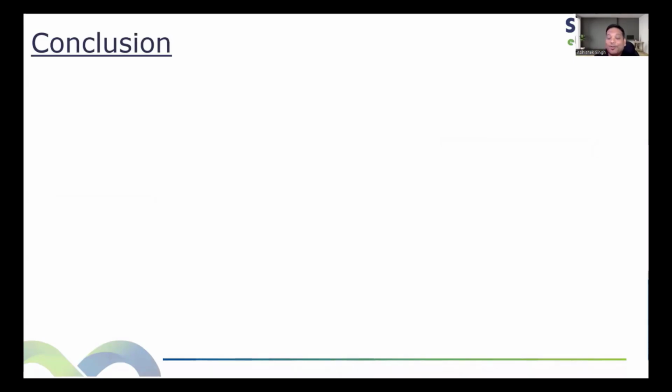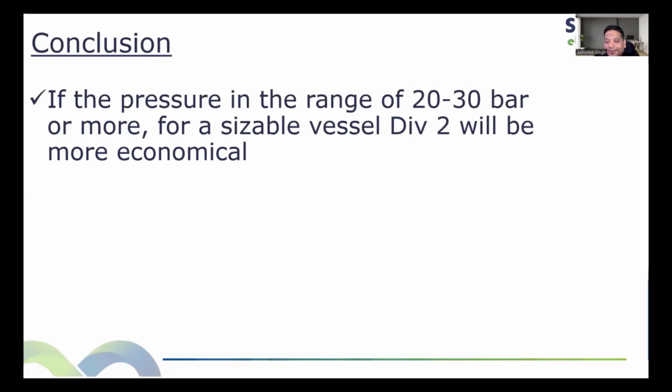Great. Now let us conclude what exactly you come out with, because we started with whether Division 1 or Division 2. The answer is, if the pressure is in the range of 20 to 30 bar and the size is big. I'm not mentioning the exact size of the component, because this decision is taken on the saving of material cost versus the increase in the cost of NDE, testing and welding qualification design, everything combined.